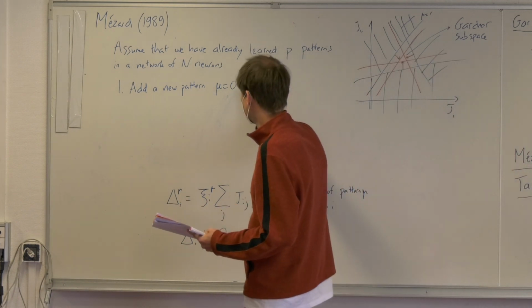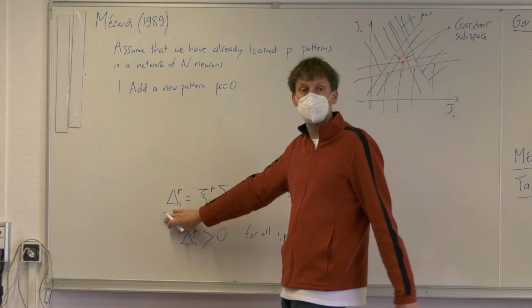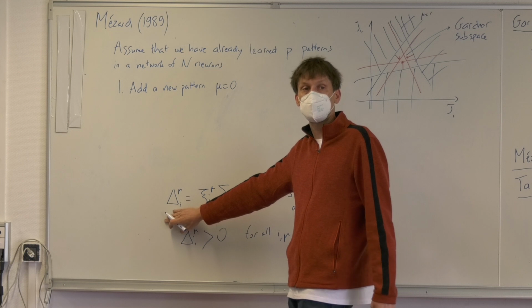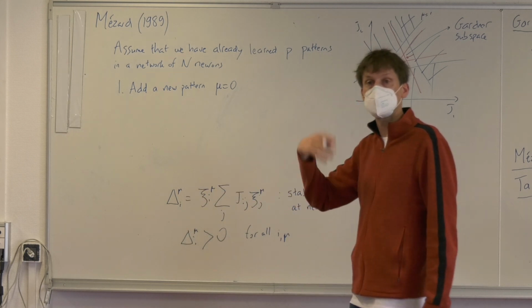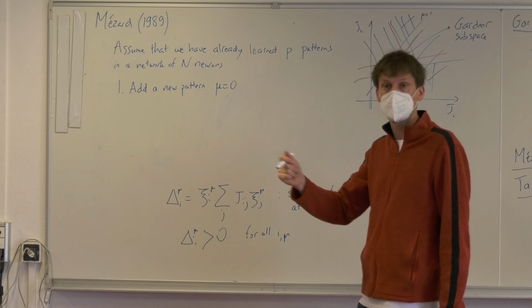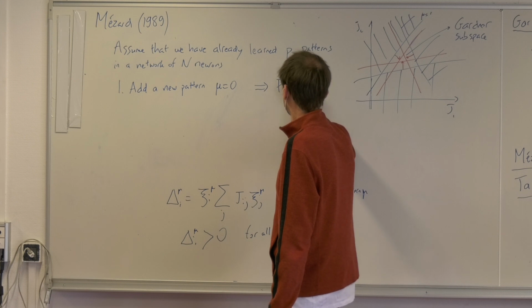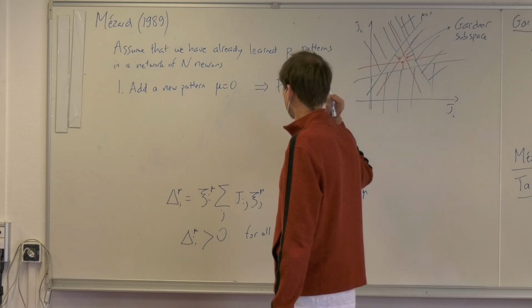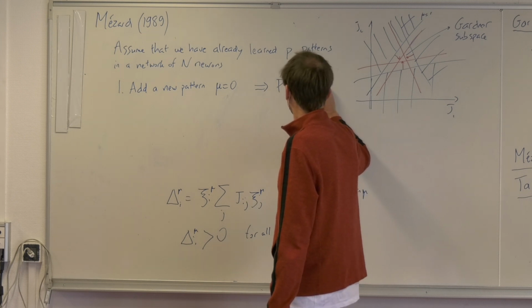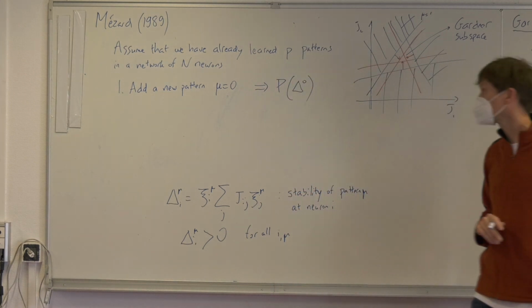And what we'll do is we then will compute the distribution of stabilities of this pattern once it has been learned. So we need to learn this new pattern. And what we'll see is that we can actually compute the distribution of the stabilities of this new pattern.